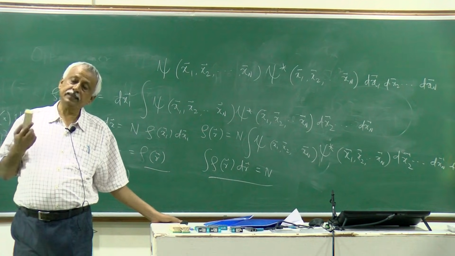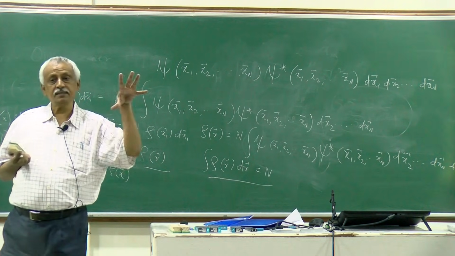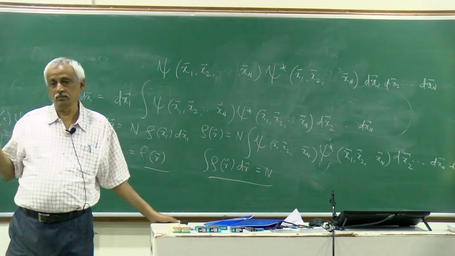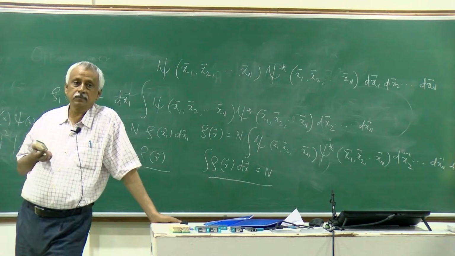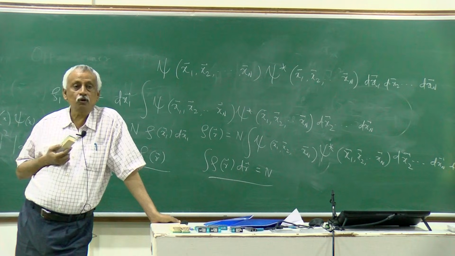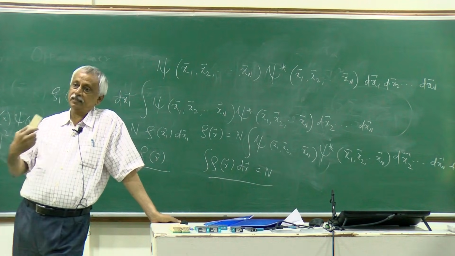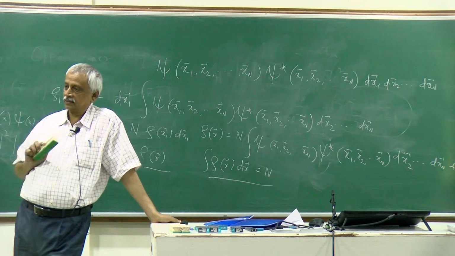But suppose I tell you that one electron is in dr1, another electron is in dr2, without referring to their spin. What is the joint probability, now that I am taking out two electrons from n, one electron in 1, another electron in 2?